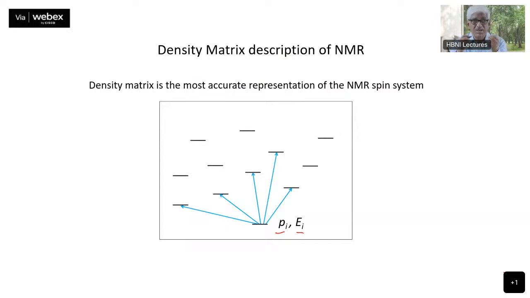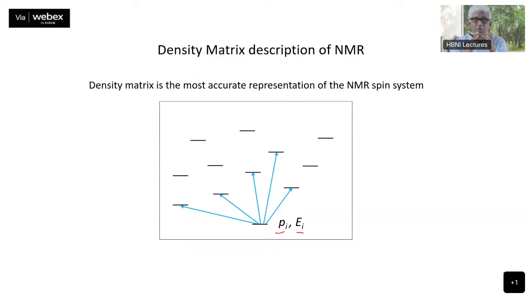A non-equilibrium state means the populations are not in equilibrium. This is what we saw in the case of NOE. When we described the NOE, populations were not in equilibrium. We perturbed the populations, increased the population somewhere, decreased the population somewhere, and the interactions caused the transfer of information from one spin to another spin.